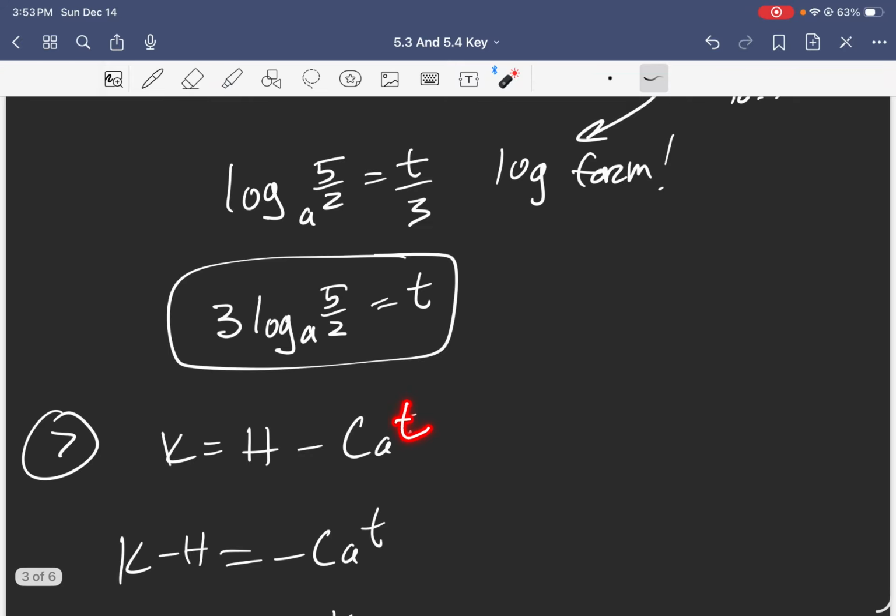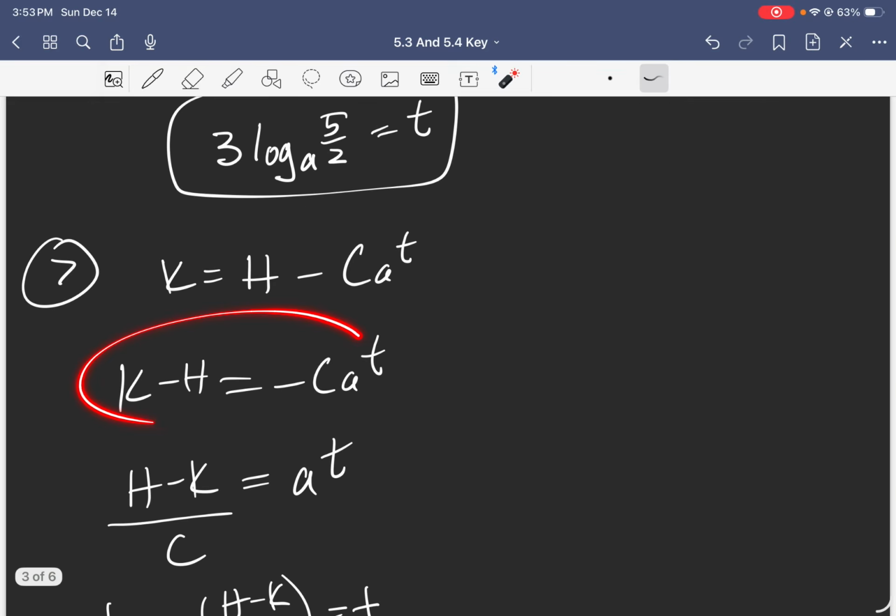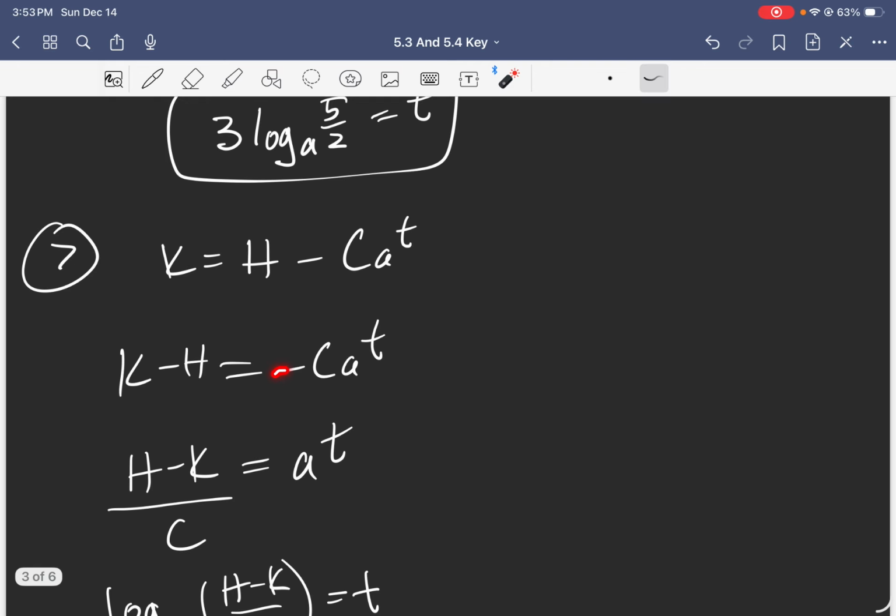Here, to solve for this exponent, again, I first must get it into exponential form before I can convert to log form. So if you subtract h, we get this. Then if you divide by negative c, a c goes in the bottom, and that negative is going to switch the order on top. So now I have a to the t, and there's an understood coefficient of 1 in front.